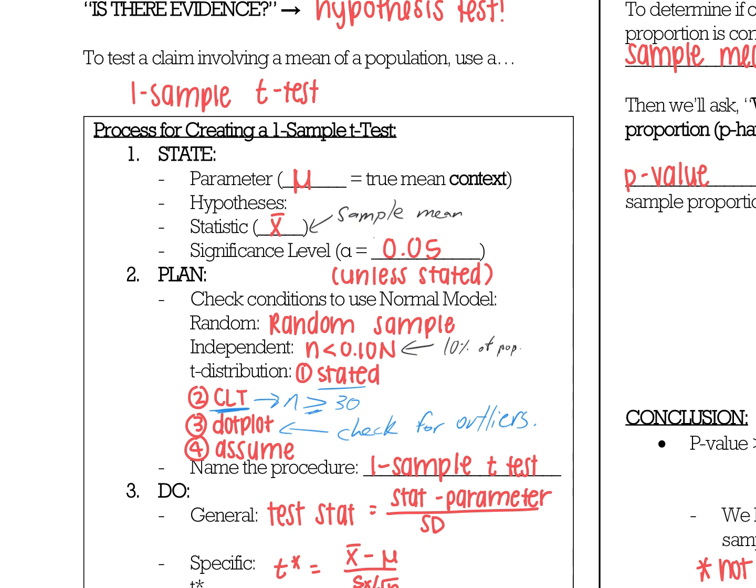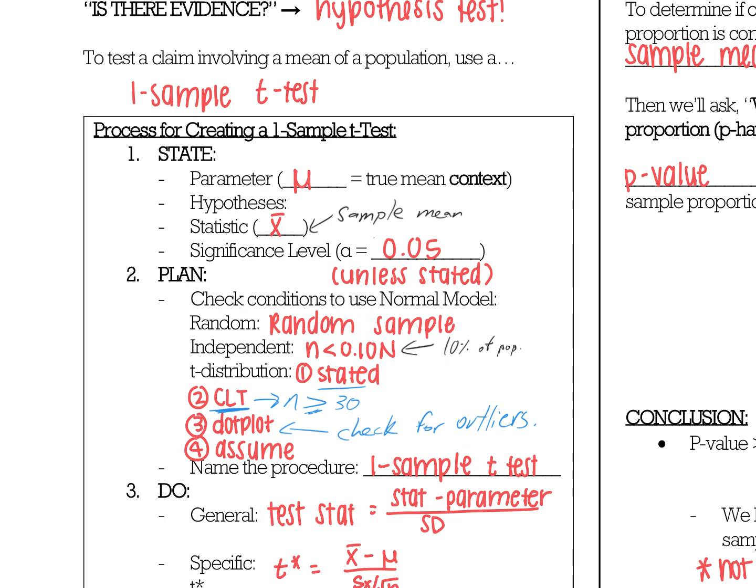The majority of the time, guys, we are going to have data that is normally distributed because otherwise, what are we really trying to understand from this information? So if you can't find a statement about it being normal, if you can't use the central limit theorem, and you don't have enough information to make a good dot plot, you can just assume normality at that point.